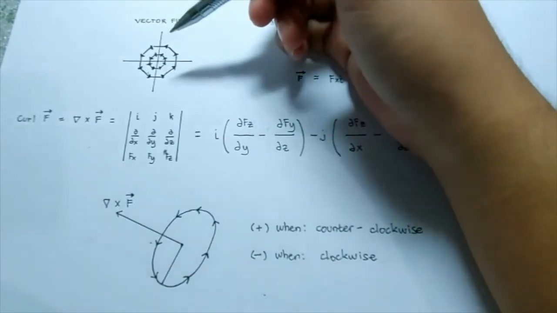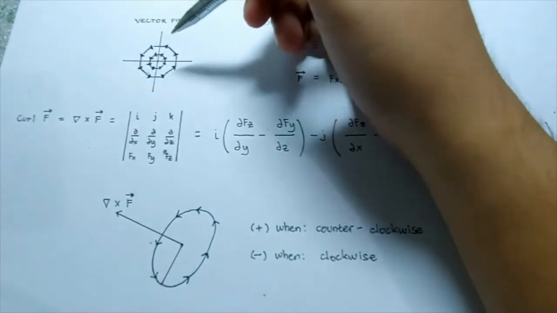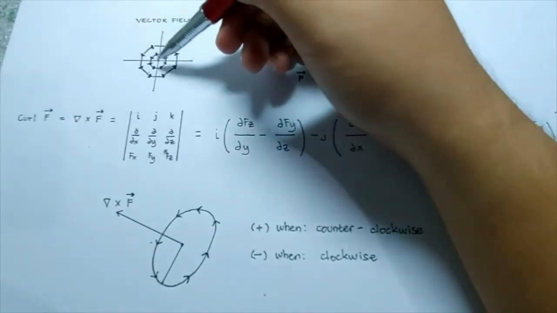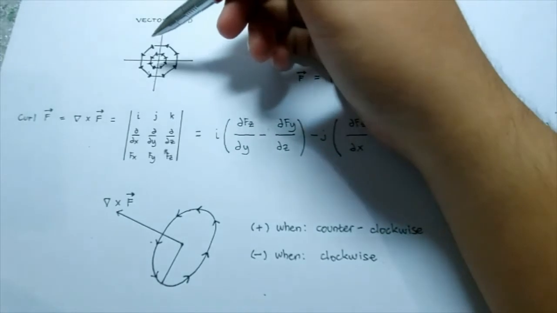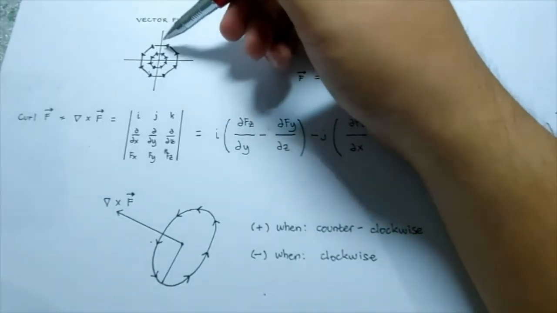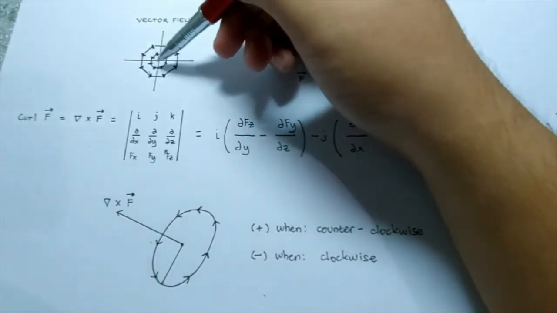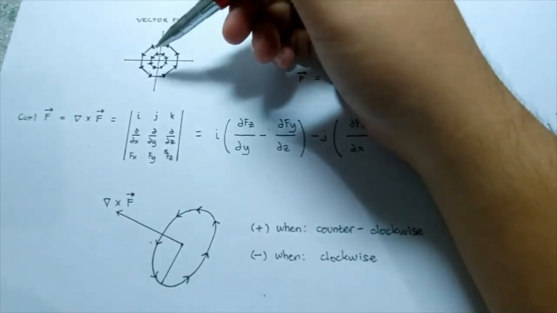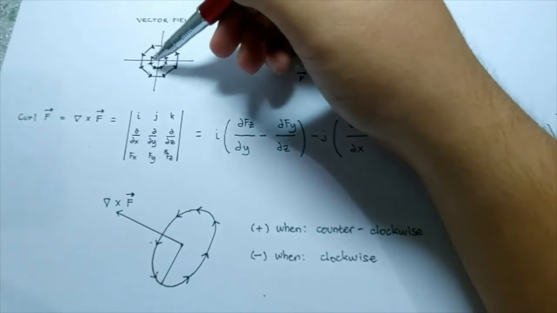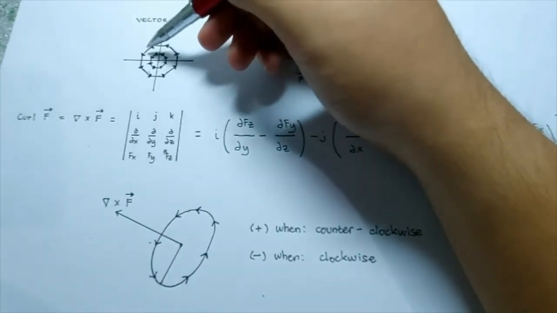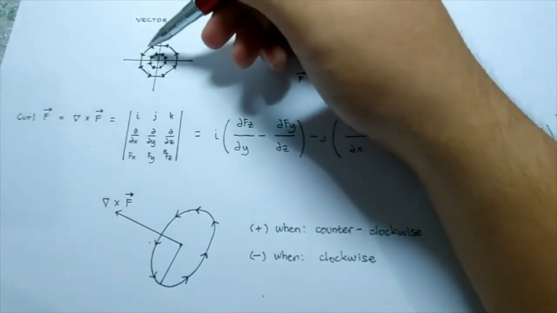You can see that the orientation of the vector field appears to be a circle around the origin. If we take the origin right here, you can see that the arrows indicate the flow. We can see that the arrows are flowing around the origin. Notice it would be flowing slower when we get close to the origin, and will be flowing faster as we go farther away from the origin.